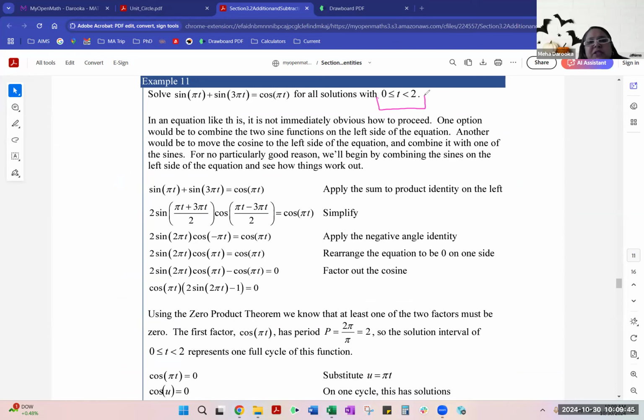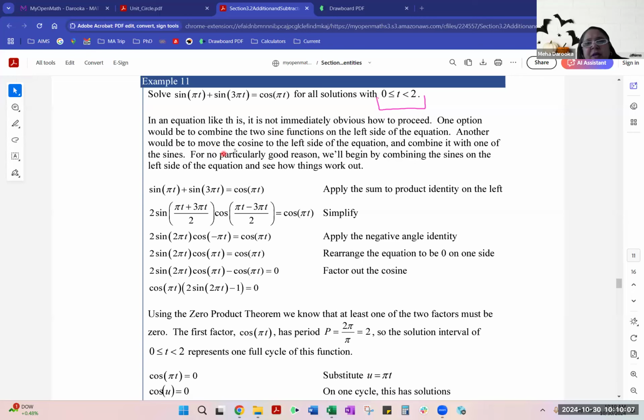So for equations like this, and this is kind of where I've talked about this before, a trial and error kind of situation comes in, because do we start on the left-hand side and try and see, like they're talking about, one option would be to combine the two sine functions on the left-hand side of the equation.